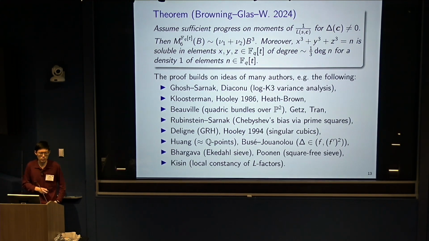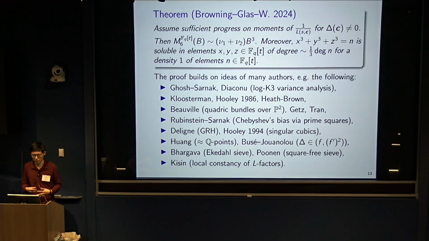Let me emphasize that this uses ideas of many authors. For example, Ghosh, Sarnak, Diaconu for the variance analysis. Ghosh and Sarnak did the Markov case, but the basic structure transfers to the sum of 3 cubes. As I said, Hooley and Heath-Brown's work on the circle method was where we started off here.